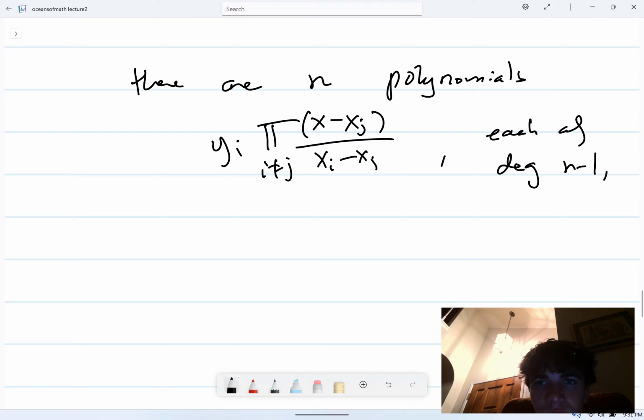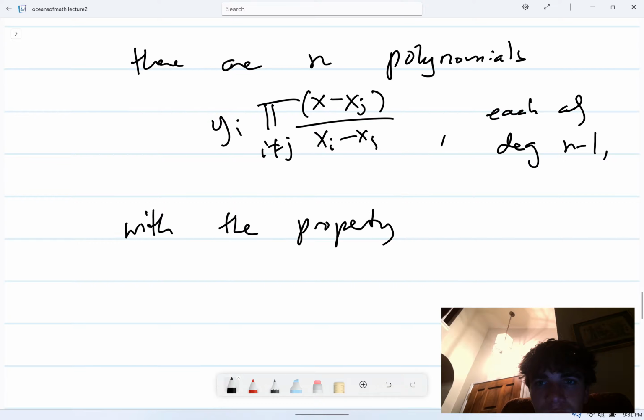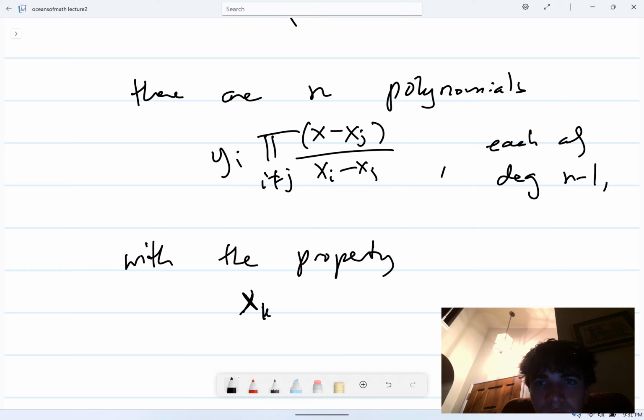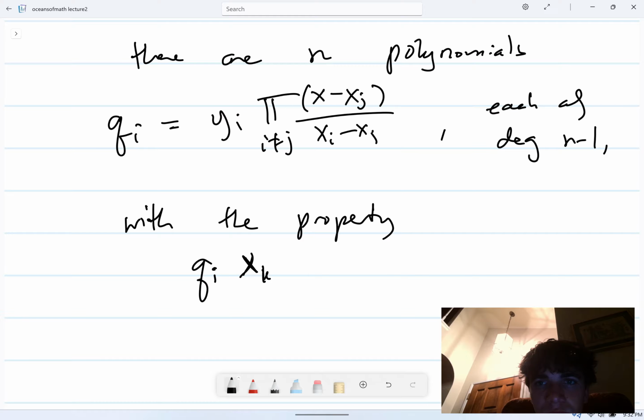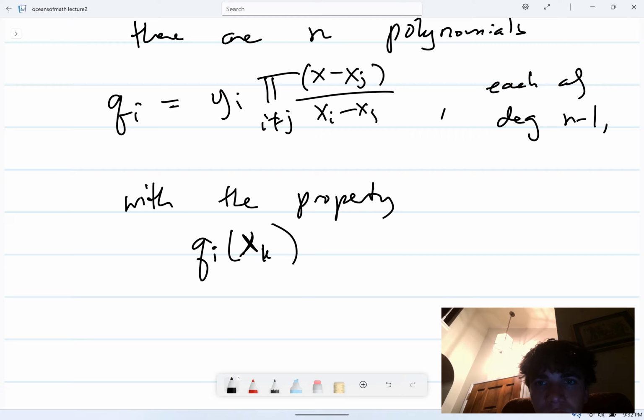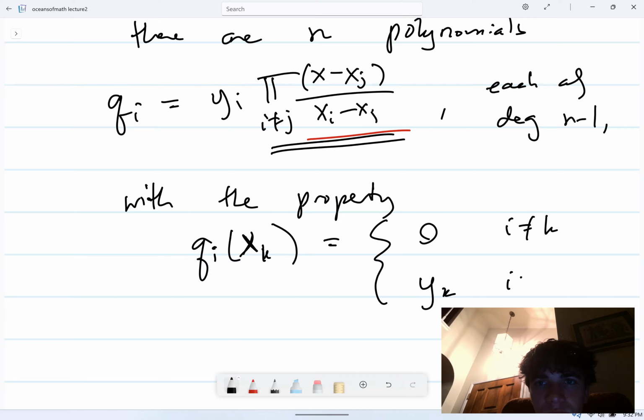And these polynomials have the property that when you plug in x sub k, so we can call these polynomials maybe q_i, then either I'm going to get 0, so this product goes to 0, or I get exactly y sub k. This is for when i is not equal to k, and this is for when i equals k.